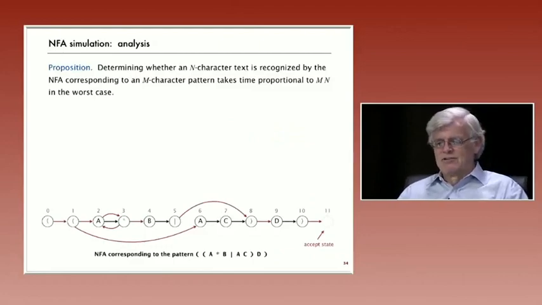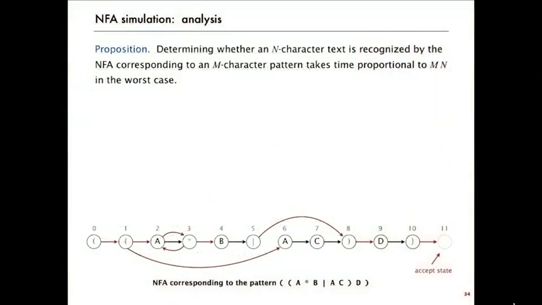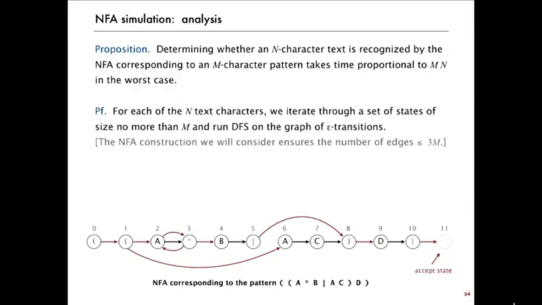What about the analysis? Well, it's not difficult to see that if our text is n characters and we have an m character pattern, the worst that could happen is that we take time proportional to m times n. And that's just because for every one of the characters, we have a set of all possible states, and we iterate through that set of possible states a few times.